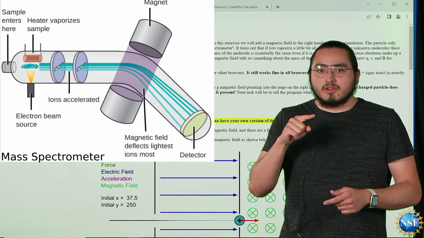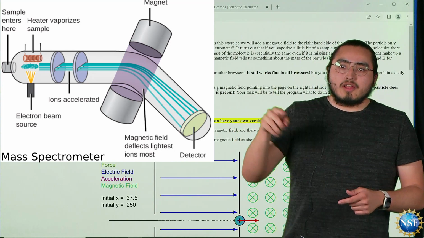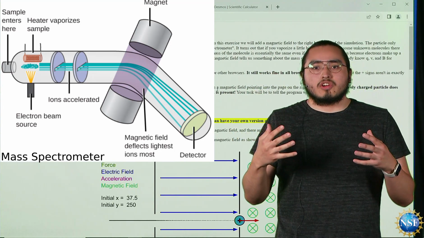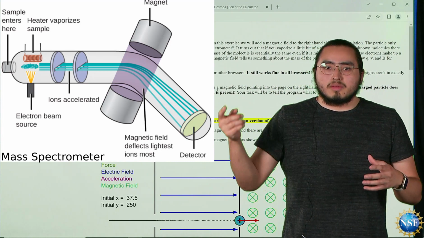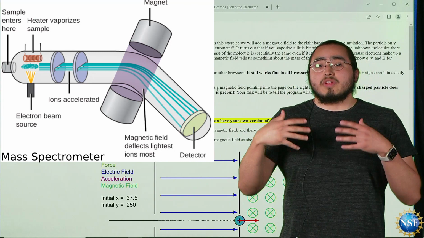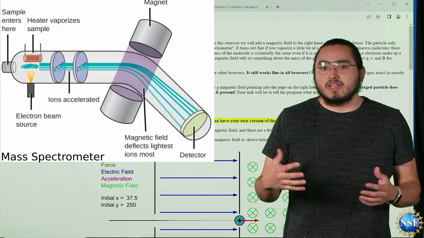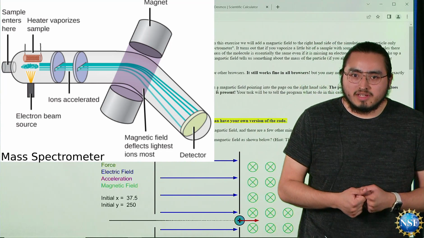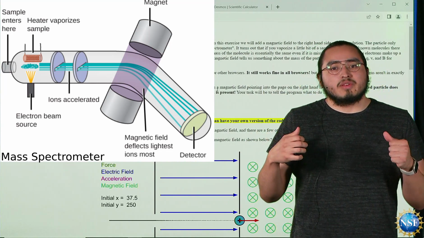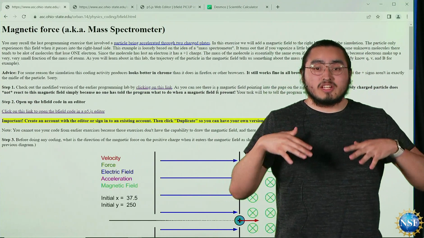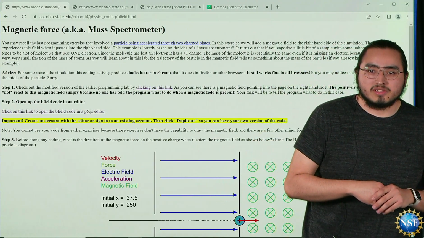Some gyration happens due to this positively charged particle, and through that they're able to figure out the mass of what this element is, and once you know the mass, they're able to deduce if it's a good thing or a bad thing, basically. That's my general understanding of how that process works.